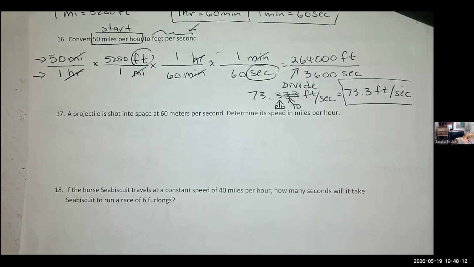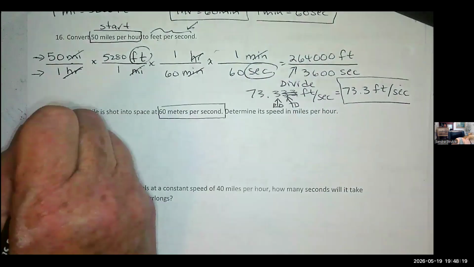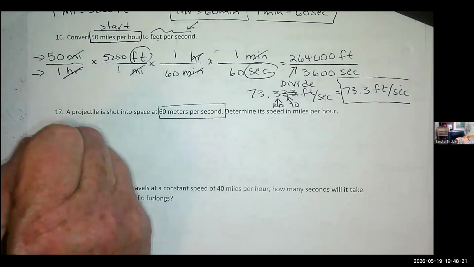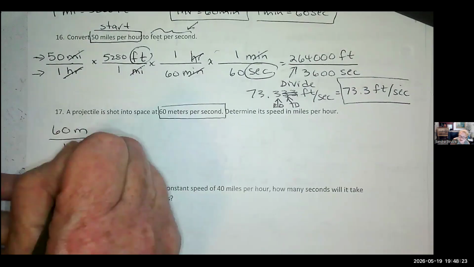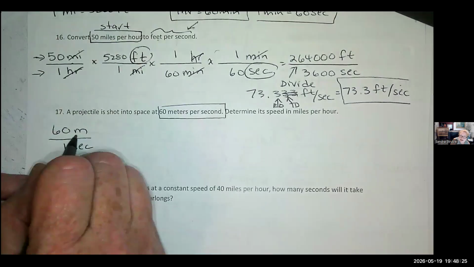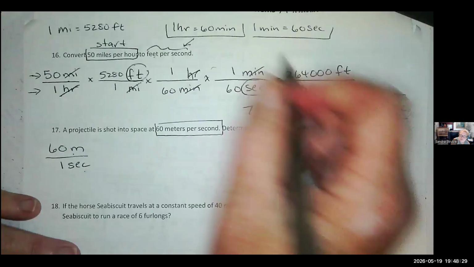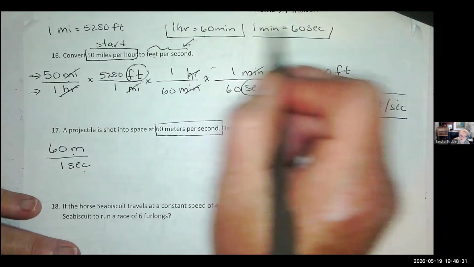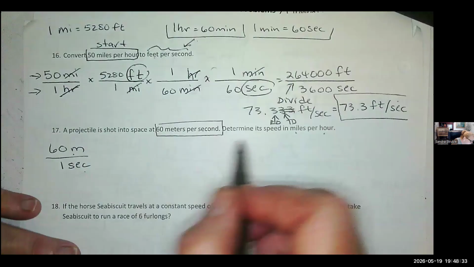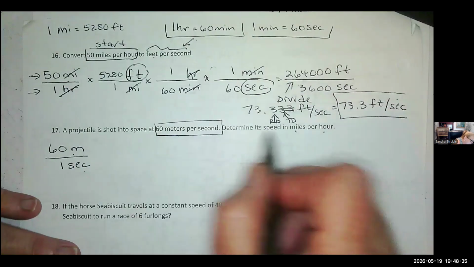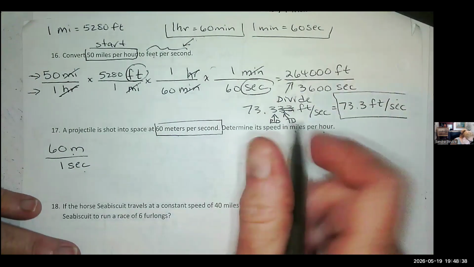So we need to take this, it's actually a conversion, the 60 meters per 1 second. And we want to convert meters to miles and seconds to hours. So I'm going to use these same exact conversions, but going backwards. And then for meters to miles, what did I do over here?